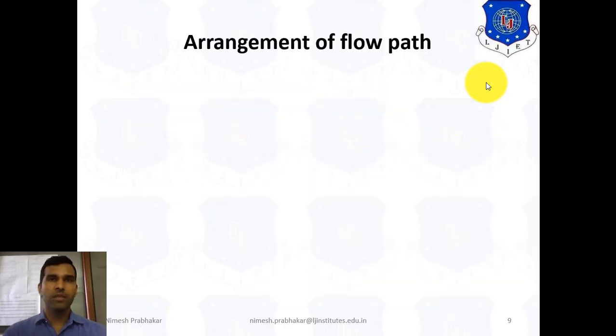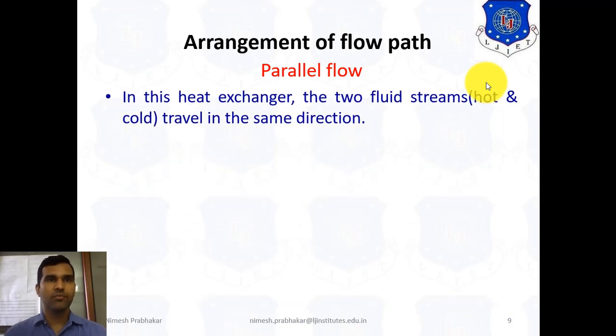Now we see the classification based on arrangement of flow path. The first type is the parallel flow heat exchanger. As the name suggests, in this heat exchanger, the two fluid streams, hot and cold, travel in the same direction.